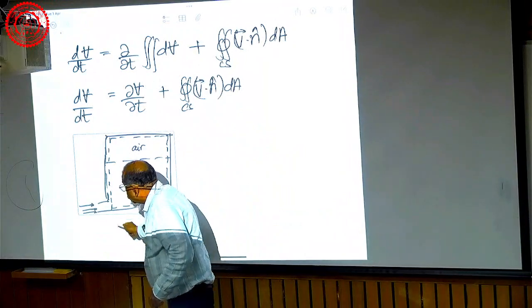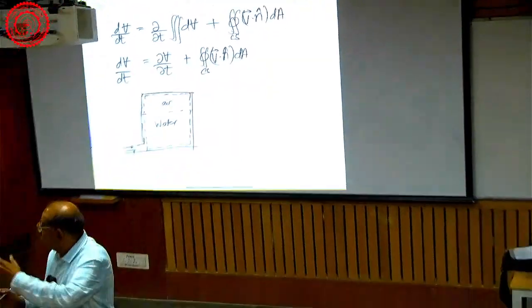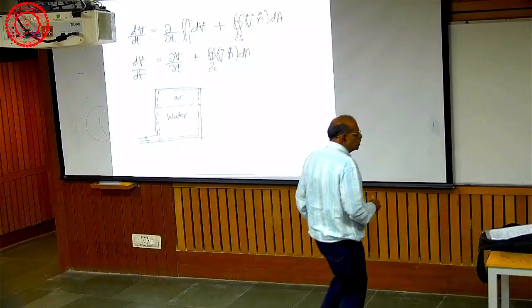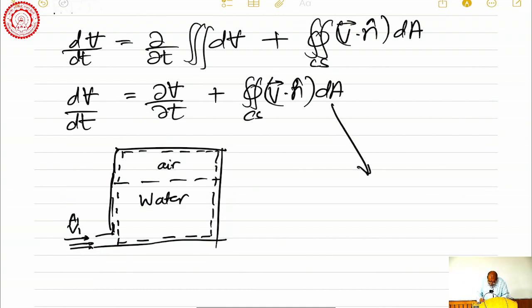Now, what is V dot n dA? For this entire control volume, there is, let's say, this area is A1, the velocity is V1. So, this term is only minus V1A1.